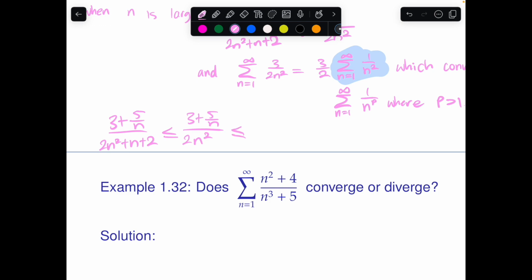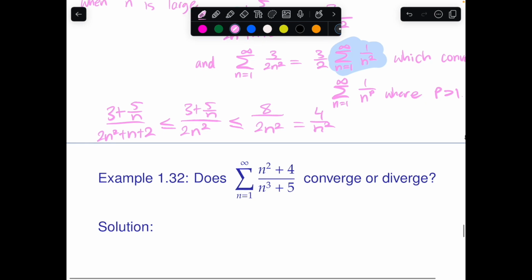And that's going to be less than if we have this 5, because the smallest possible value of n is 1, right? So if the top stays as 5, that's always going to be bigger than 5 over n. So we get 8 over 2n squared, because that becomes 3 plus 5, which is 4 over n squared.